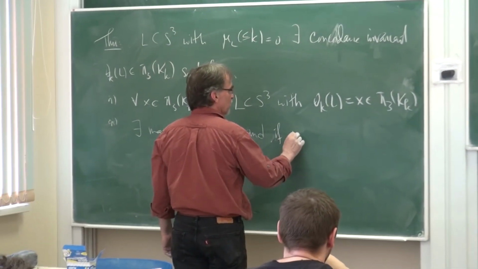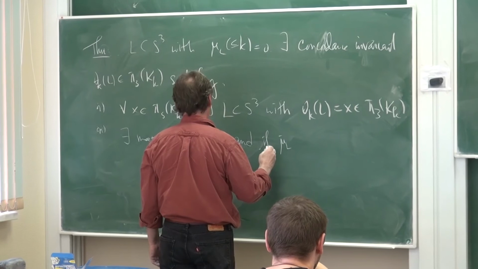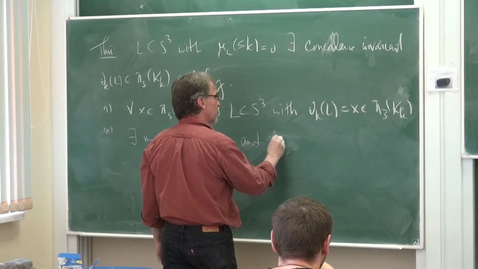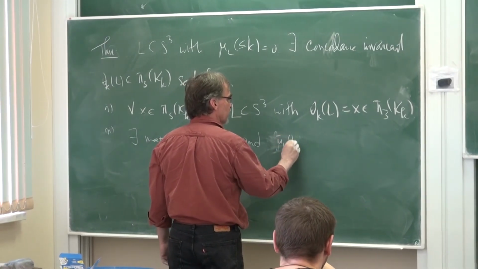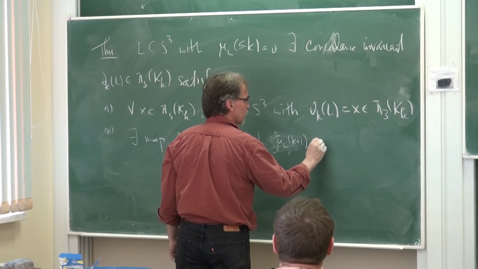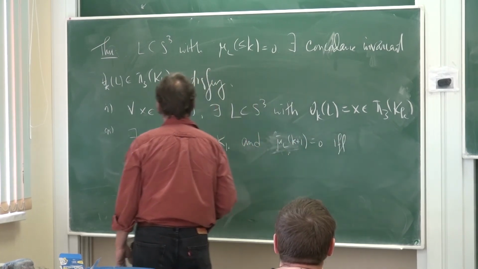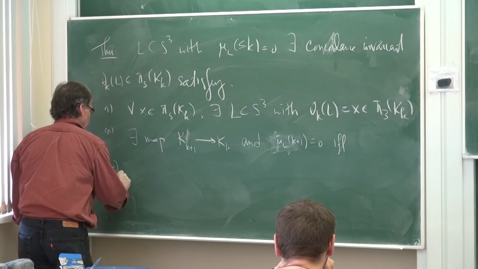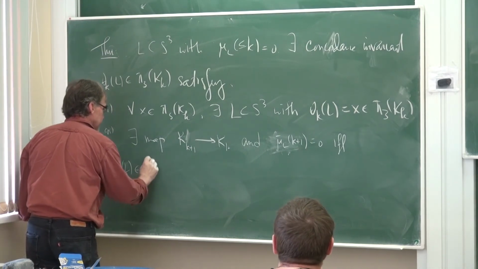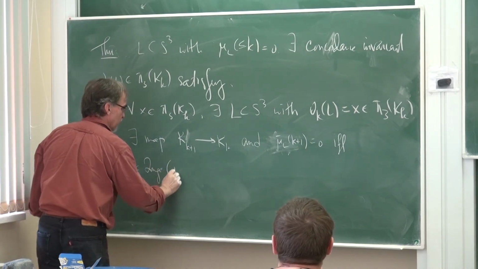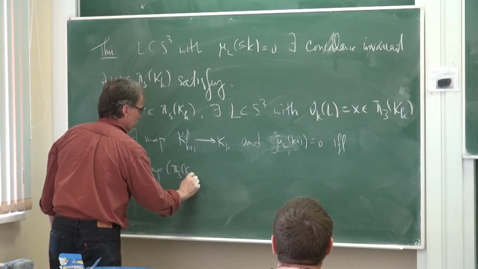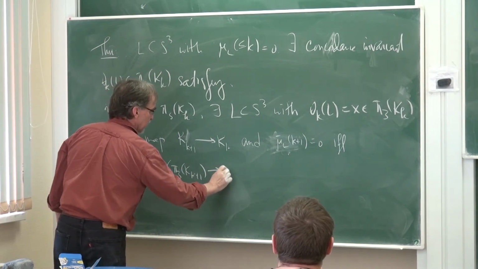And the mu bar invariants of L of length k plus 1 vanish if and only if theta_k of L is in the image of pi 3 of K_{k+1} into pi 3 of K_k.